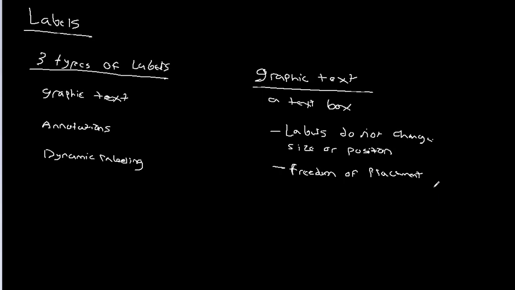Annotations and dynamic labeling are bounded to that map frame, and if you try to move them outside of it, they'll disappear. So if you needed to put a label towards the bottom of the layout, but the map frame stopped, you would lose annotations and dynamic labeling, whereas graphic text can be moved outside of the map frame. That'll make a lot more sense when we go through some real-world examples.